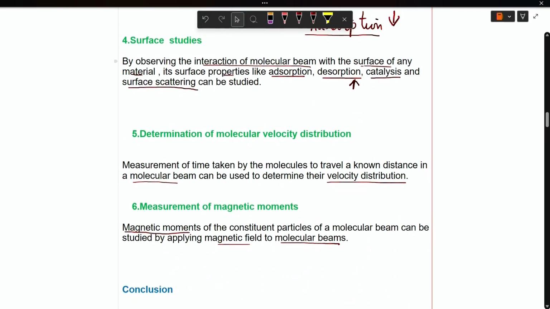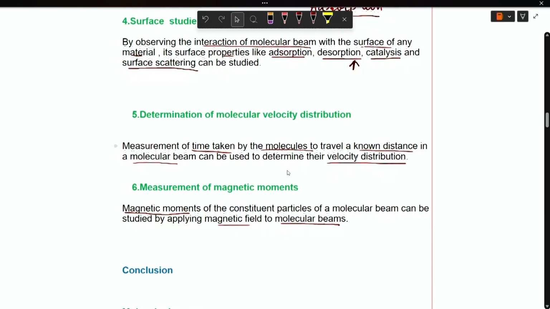Then comes the determination of molecular velocity distribution, the Maxwell-Boltzmann distribution of molecular velocities, which can be studied by taking the time taken by molecular beams to travel a known distance.